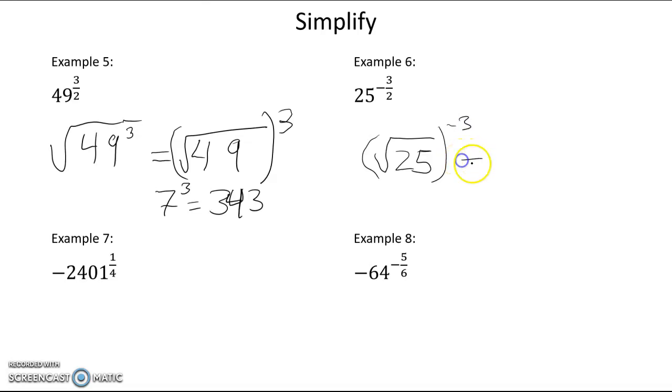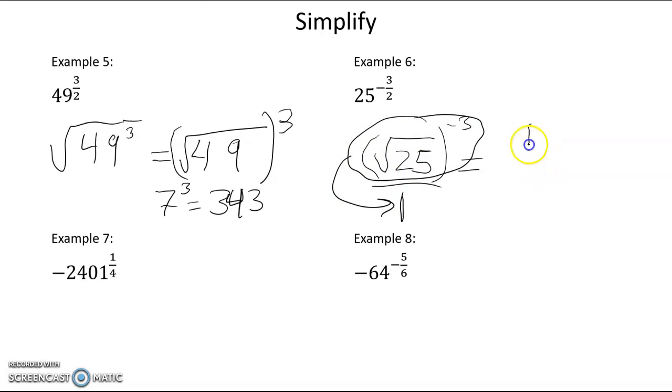And this goes in line with some of our exponent rules here. Anytime we have a negative exponent, we're going to treat this square root of 25 to the negative 3 as a fraction over 1. And we're going to take this entire thing and literally switch it to the bottom. We're going to be left with 1 on top, and then the square root of 25 to the 3rd power on the bottom.